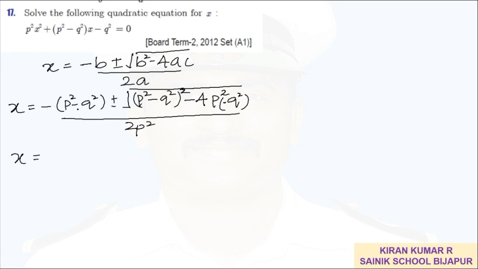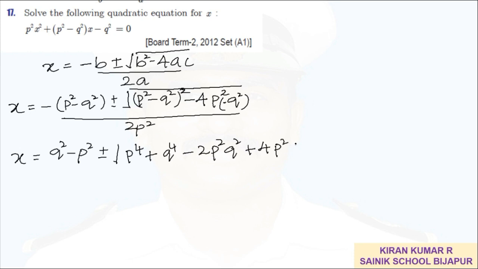This negative, when you multiply, we will be getting positive q square minus p square plus or minus root of, now see, it is p raised to the power 4 plus q raised to the power 4 minus 2 times p square q square, minus of minus is plus 4 times p square q square, divided by 2p square.